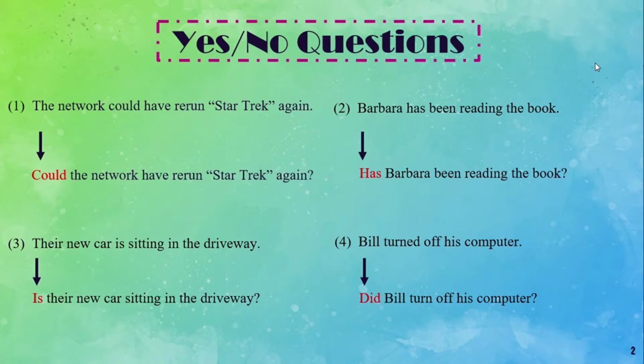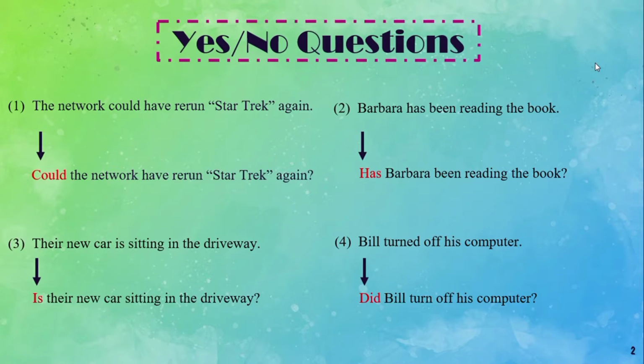If we want to change a sentence into a question, we just have to place the auxiliary verb on the first sentence, which is could, followed by the rest of the sentence. So it became, could the network have rerun Star Trek again? As you can see, it is only answerable by yes or no. Yes, it could, and no, it couldn't. Meaning, it's just asking for a simple confirmation.